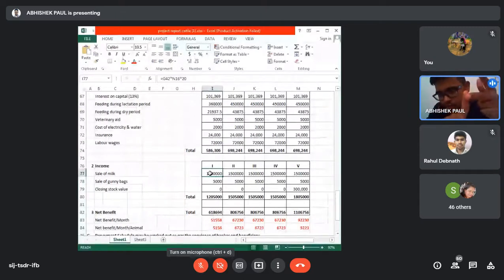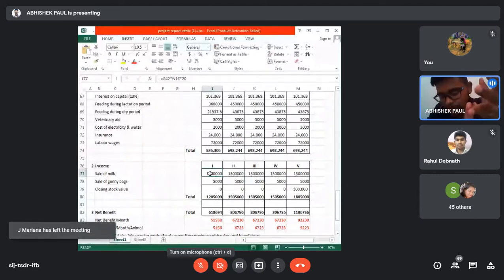Fixed cost has 3 components: cost of the animal, equipment and machinery, as well as the building. Variable cost is feed cost, which is very, very important. For calculating the feed cost, you need to calculate the lactation chart first, then based on their requirement, calculate the amount of feed required. Then labor charges, medicine bill, electric bill.